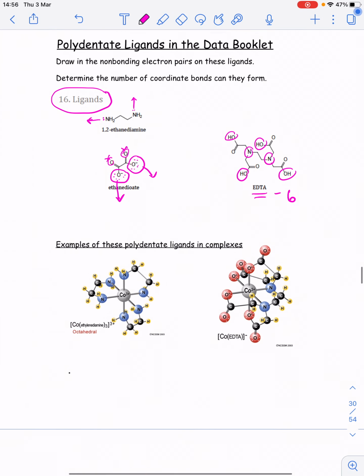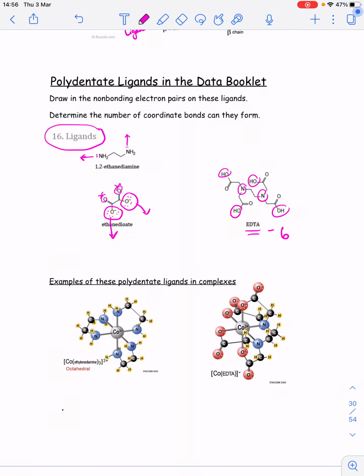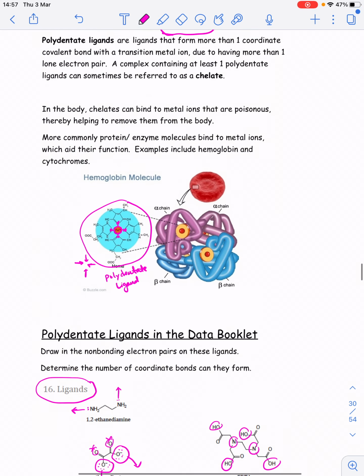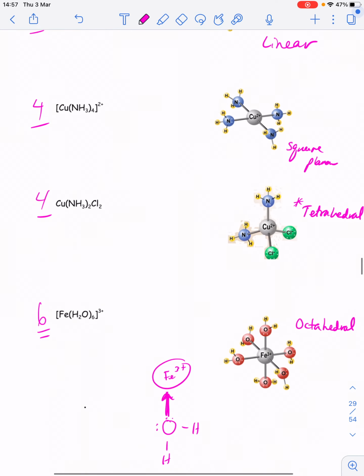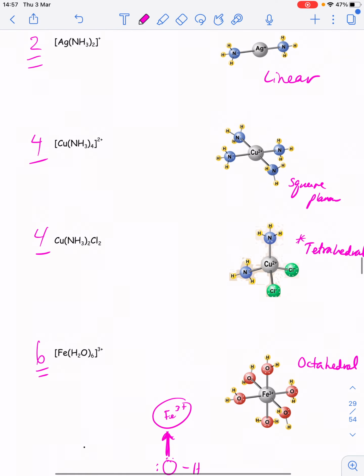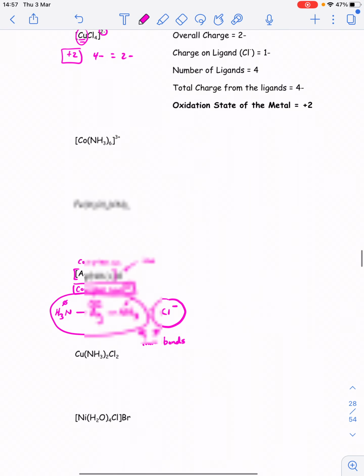So polydentate ligands are a very minor sort of offshoot of the complex topic. You kind of need to know that they're possible, but I wouldn't worry about them beyond that. But being able to look at the formula of a complex or a complex ion and determine geometry and determine charge on the ion or on the metal is a very important topic.